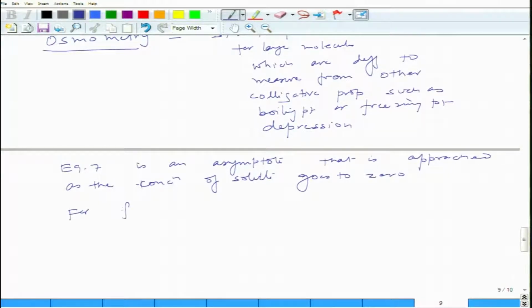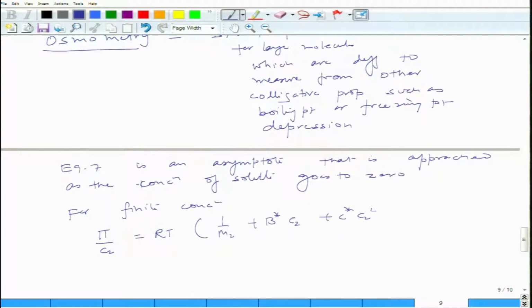So, for the case of finite concentration, instead of saying x2, we can simply say pi by C2 is equal to RT times (1 by M2 plus B star C2 plus C star C2 square).